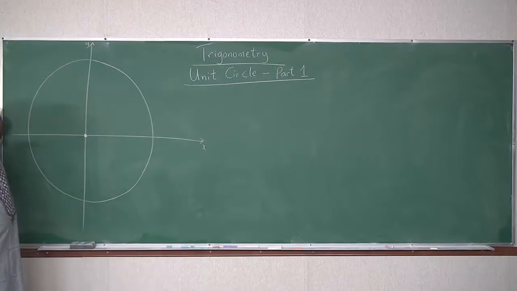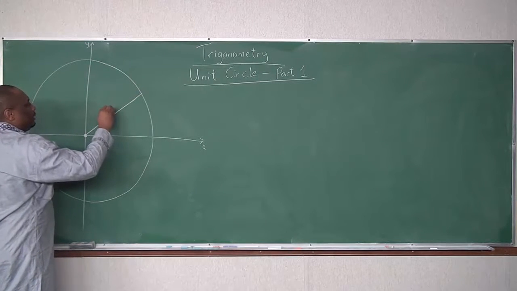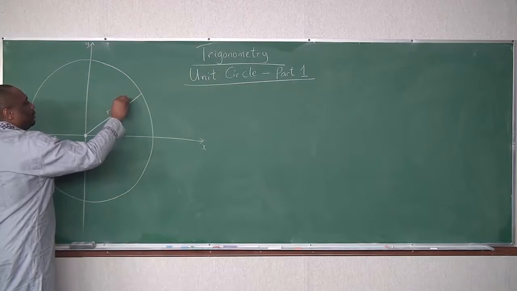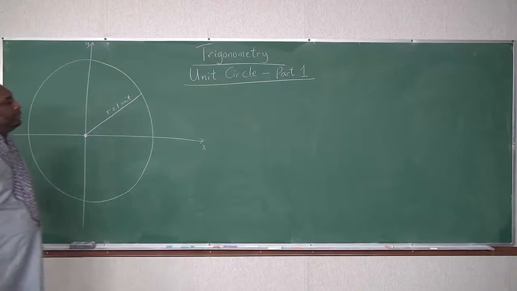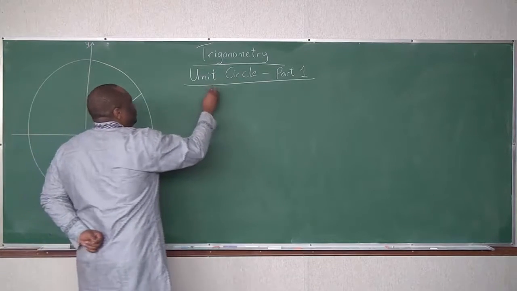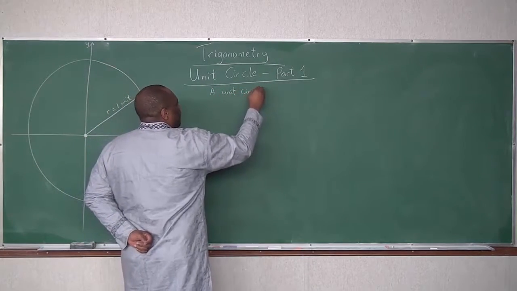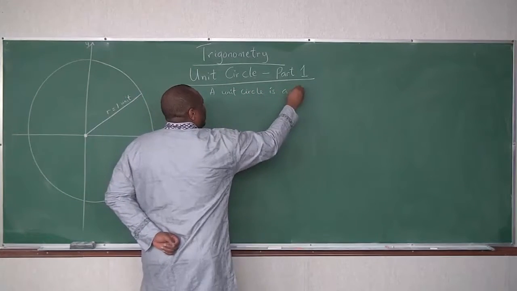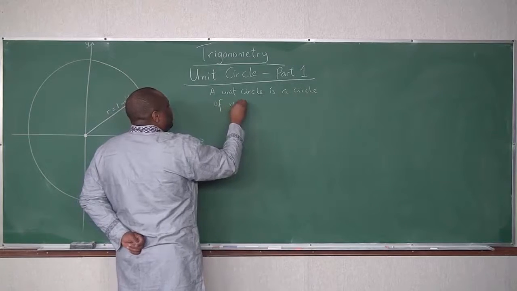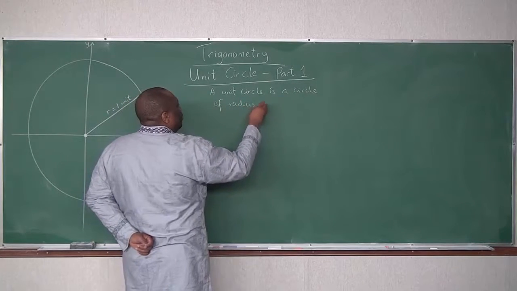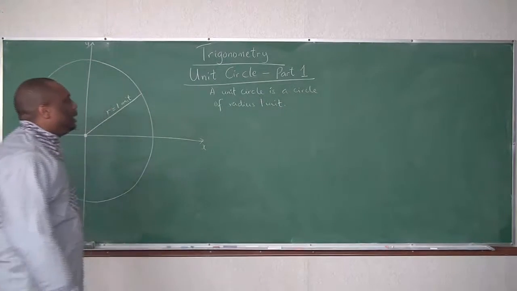The center is at the origin, okay? Radius of 1 unit. That's the unit circle. A unit circle is a circle of radius 1 unit.